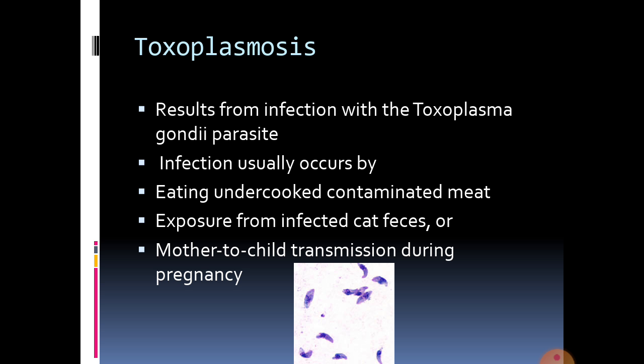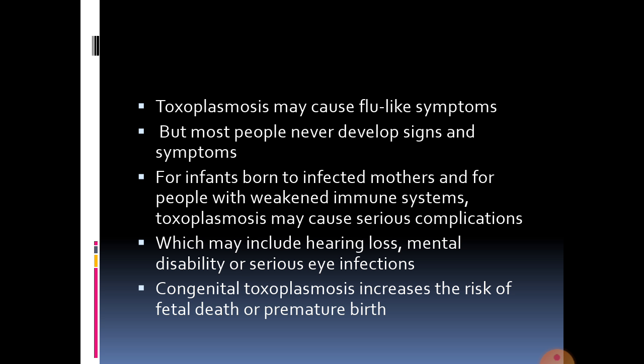Toxoplasmosis results from infection with Toxoplasma gondii, a parasite. Infection usually occurs by eating undercooked contaminated meat, exposure from infected cat feces, or mother to child transmission during pregnancy. Toxoplasmosis may cause flu-like symptoms, but most people never develop signs and symptoms.